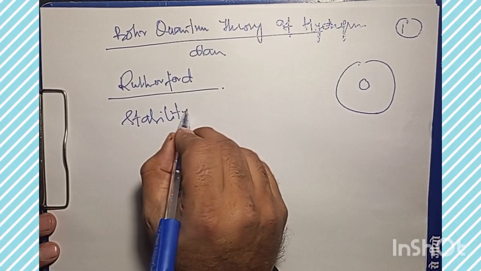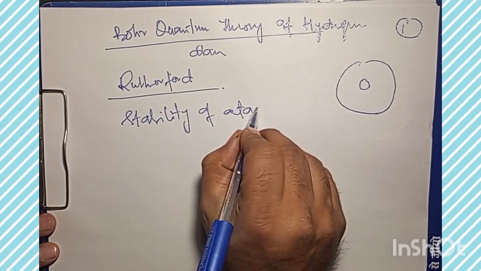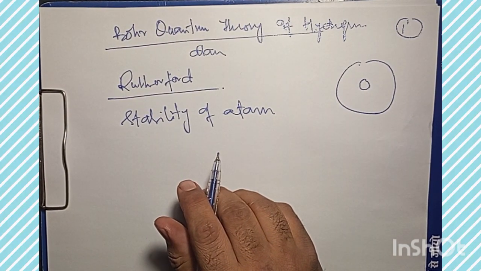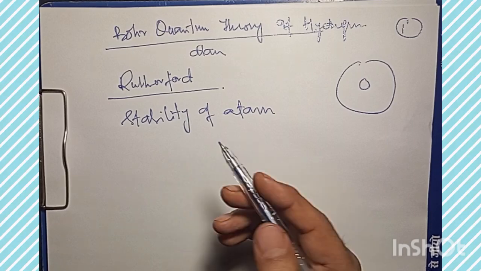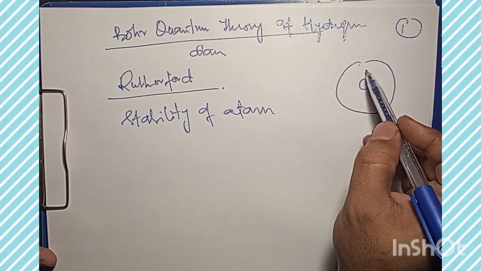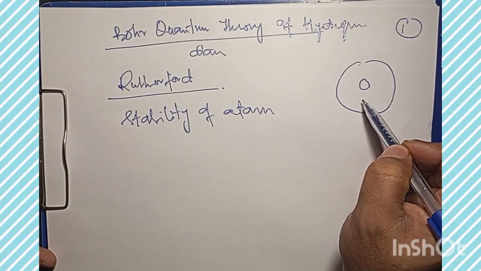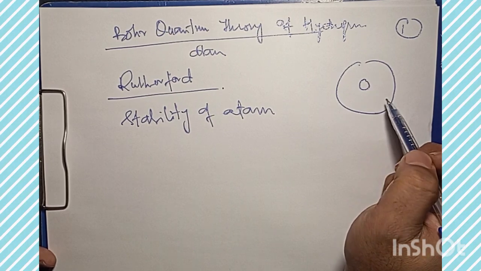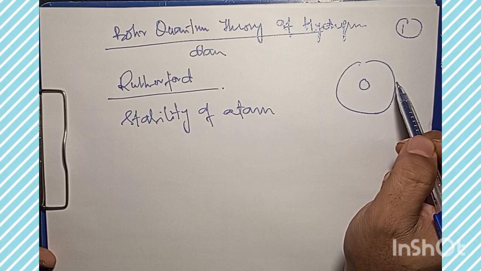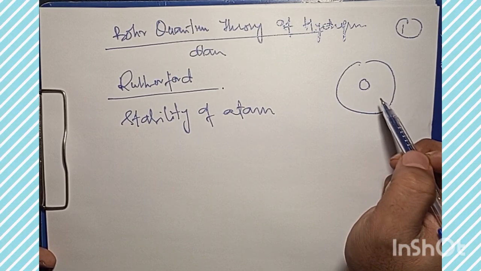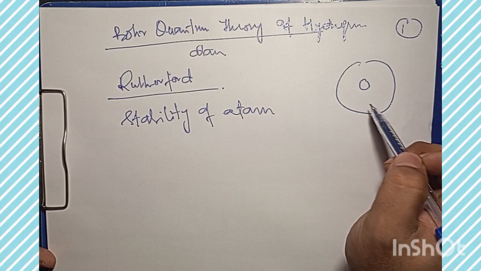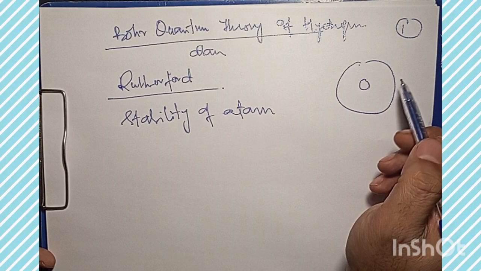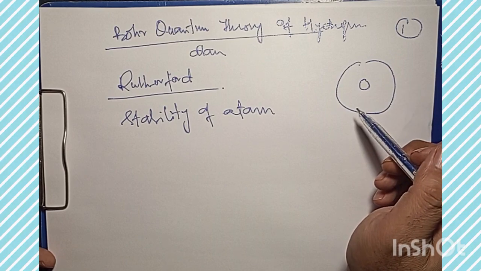He could not explain why an atom is stable, because if we consider that the electron is at rest, these electrons will be attracted by the positively charged nucleus, and ultimately will fall into it.